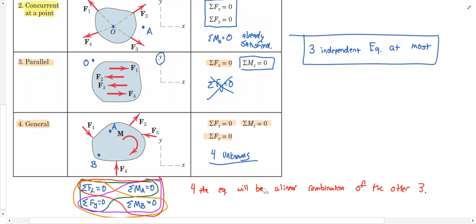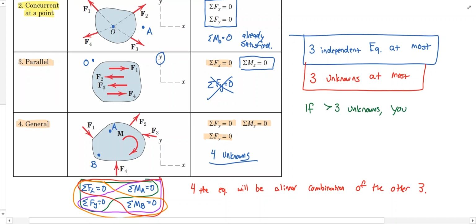And so this gives us a very important point. If you only have three independent equations at most, then you can only solve for three unknowns at most. If you have more unknowns, so if greater than three unknowns, you just need more equations.